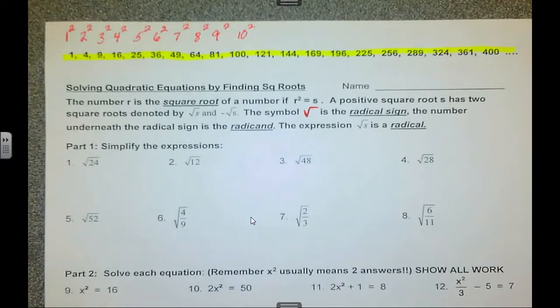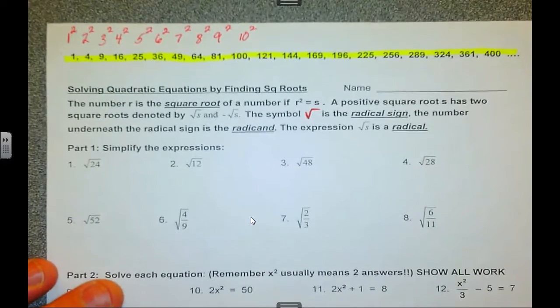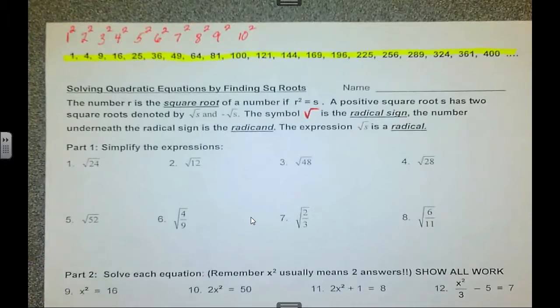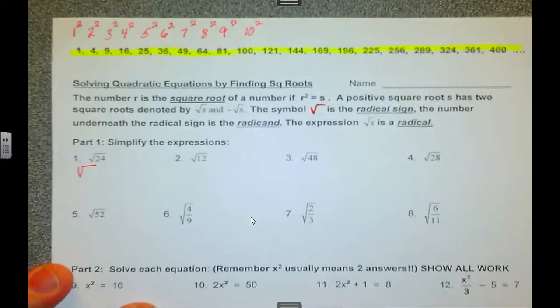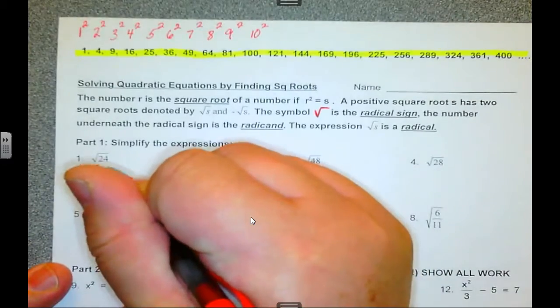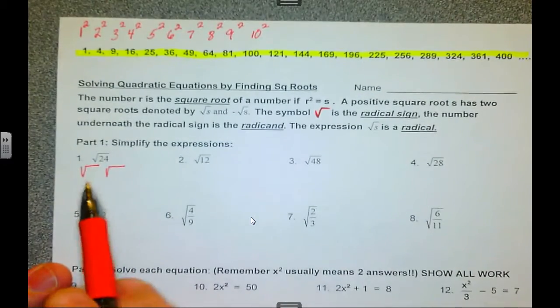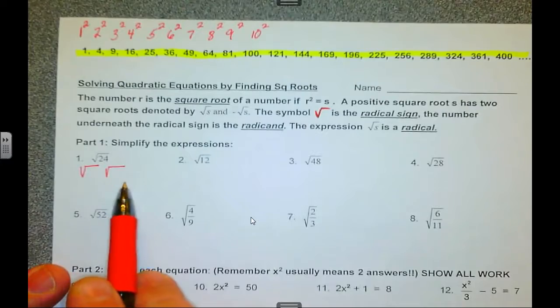Now, back when we were simplifying radicals, I had you split them up between perfect squares and imperfect squares.